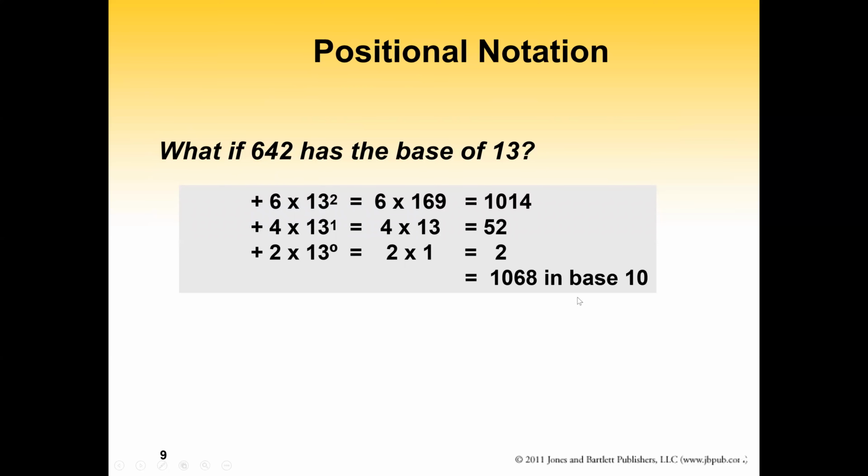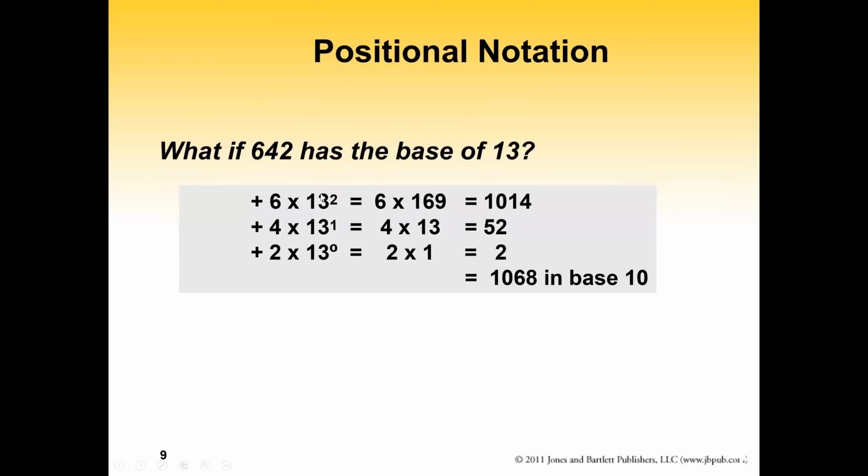So you can see here our answer changes now. We get 1068 in base 13, because 6 times 13 to the power 2 is 1014. 4 times 13 will give me 52, and 2 times 1 will give me 2. So adding all these values, we get 1068. Again, here it's supposed to be 1068 in base 10, not base 13.